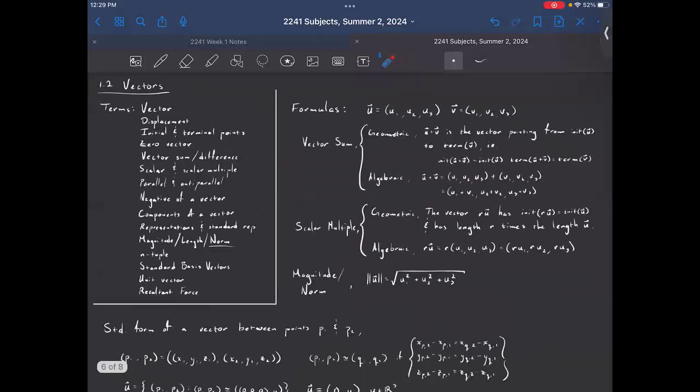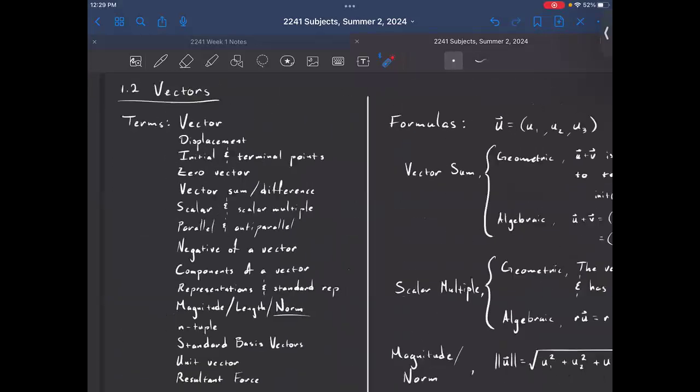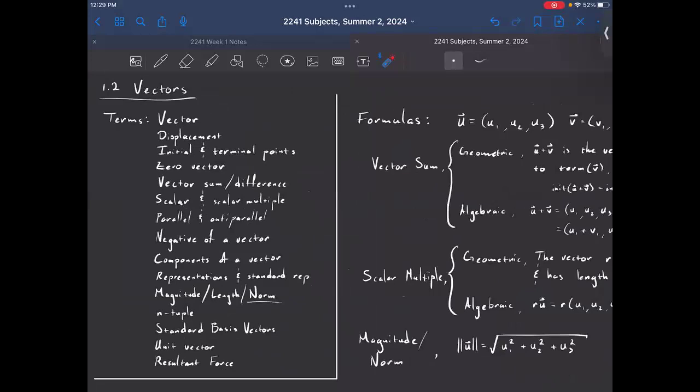So we're going to talk today about vectors. And let's just take a look at our terms beforehand, and we'll just read through them to get familiar with what they are. So we have vectors.